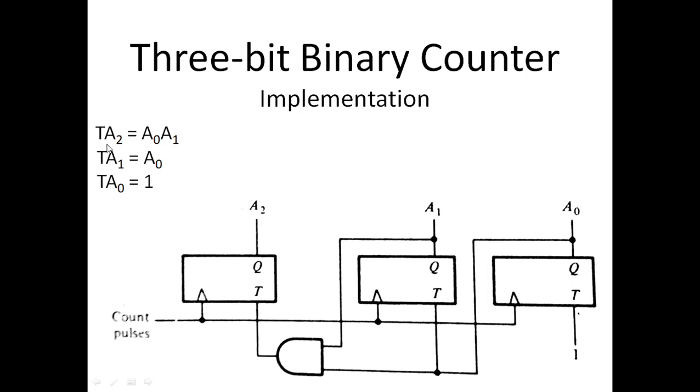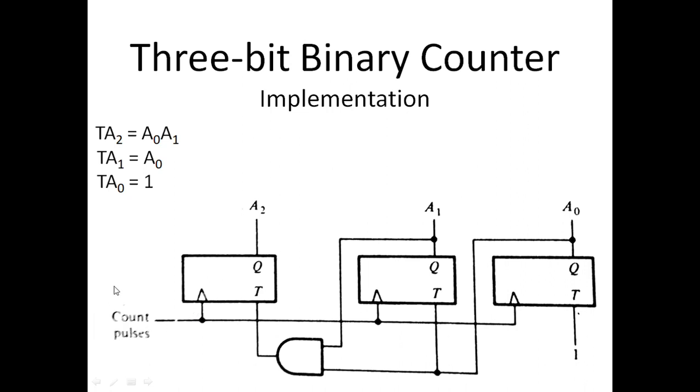Similarly, the T input of flip-flop 2, which is represented as TA2, is equal to a 0 and a 1. So a 0 is taken from here and it is ANDed with a 1, and it is connected with the T input of flip-flop 2. And the clock pulses of these three T flip-flops are connected to the clock pulse.